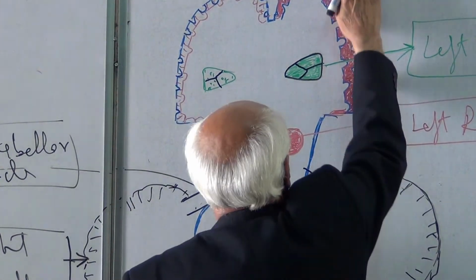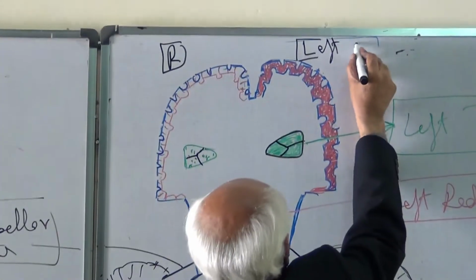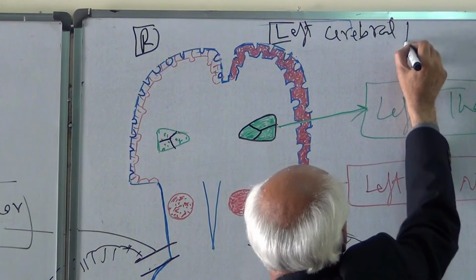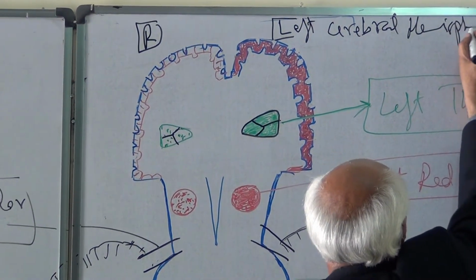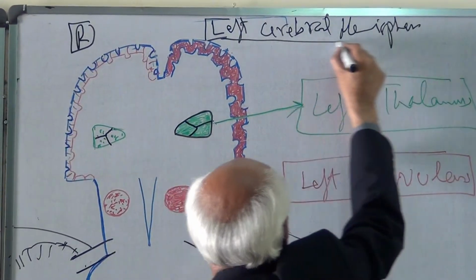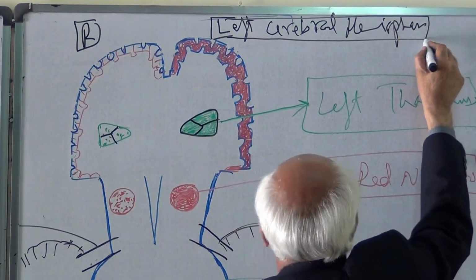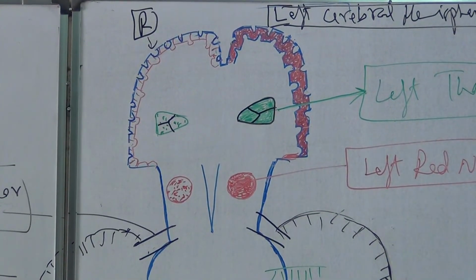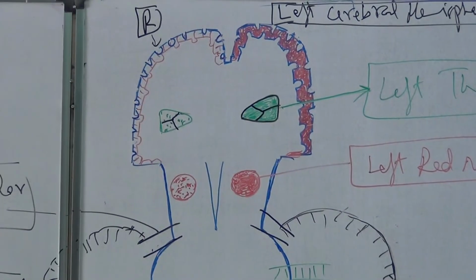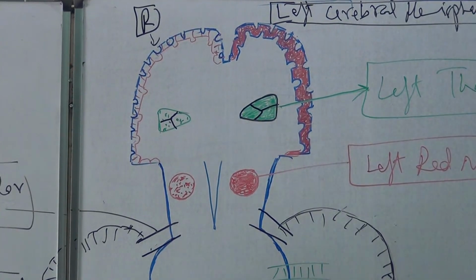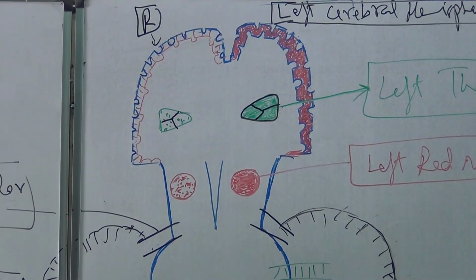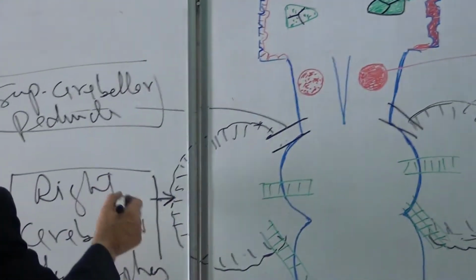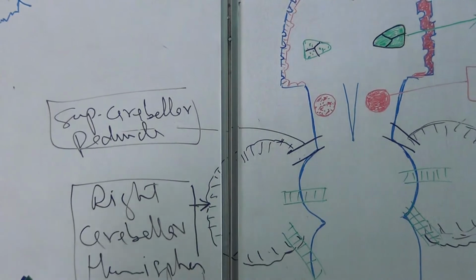Then this is the left cerebral hemisphere, and this one is the right. So from the nuclei of the cerebellar hemisphere, we will discuss from the right cerebellar hemisphere.